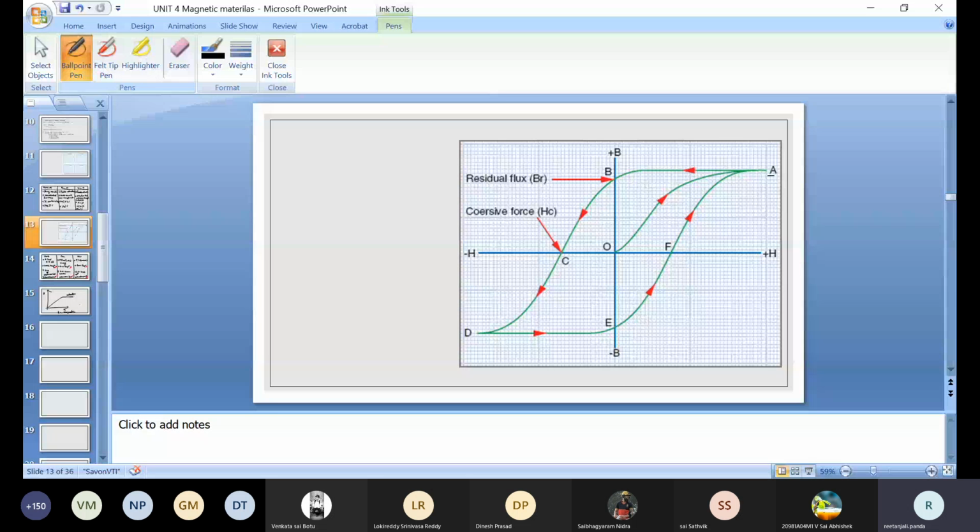When you increase the external magnetic intensity and reach the saturation point, after that if you decrease the magnetic field, it will follow another path, and even if the magnetic field is removed, the magnetization in the material is not going to be zero.